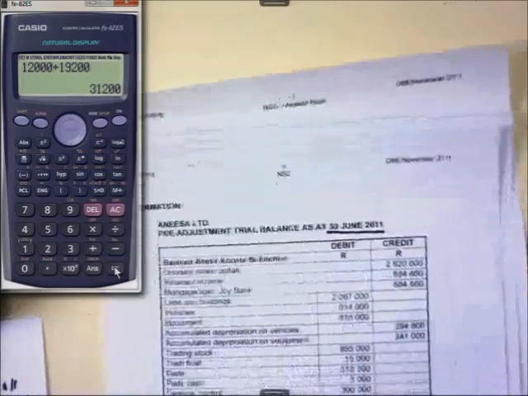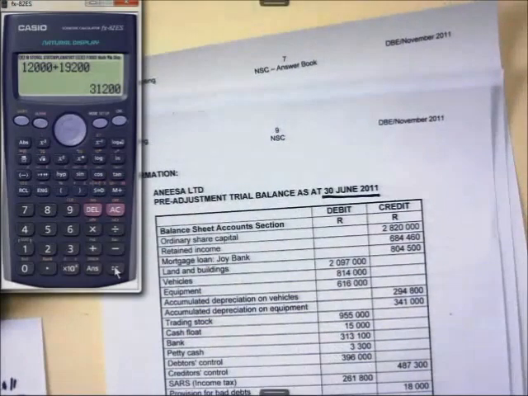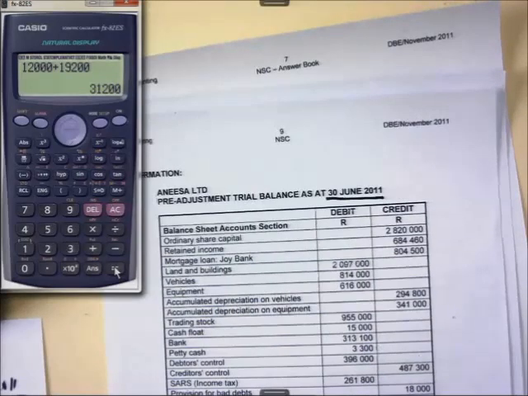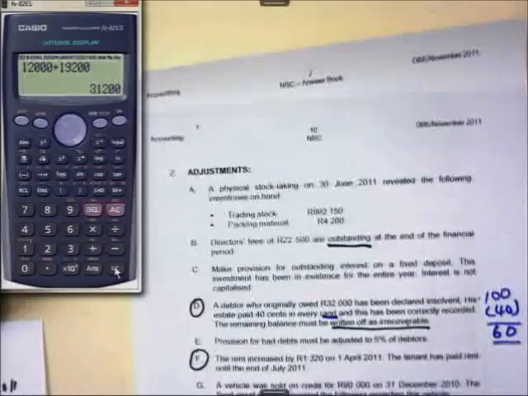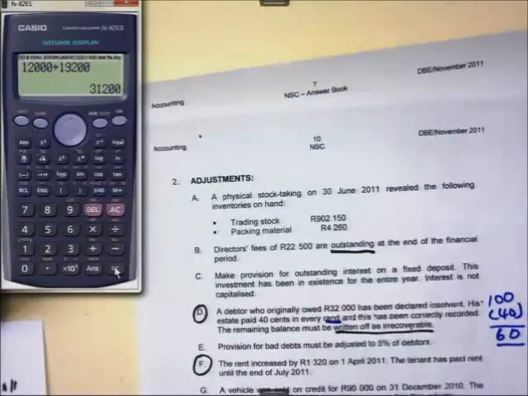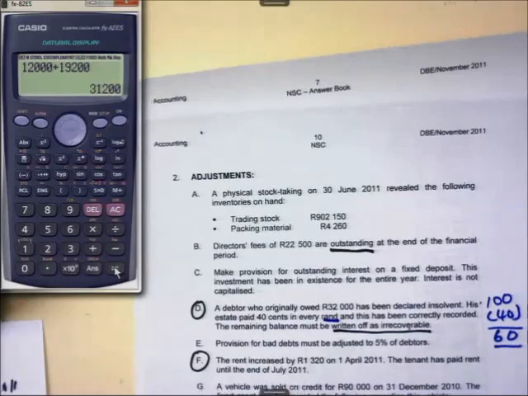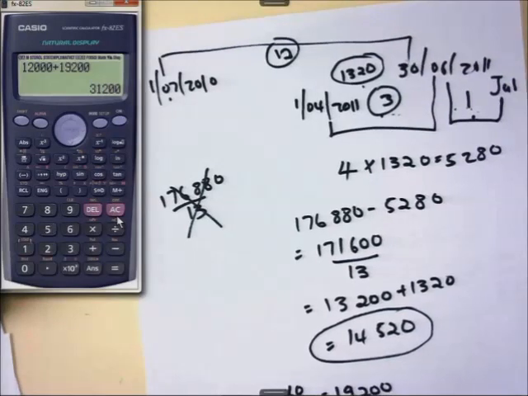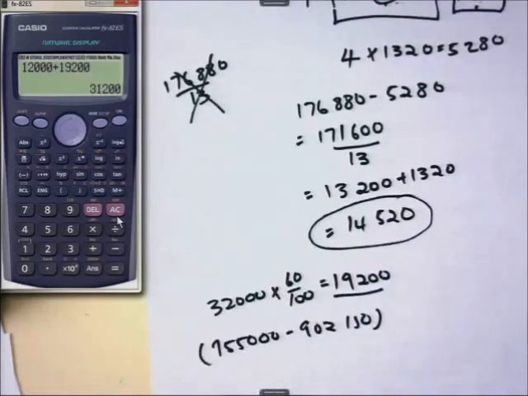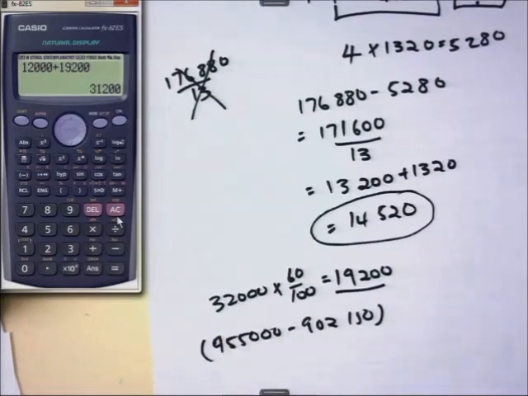If you check the information from the trial balance, according to our records, trading stock on hand is 955,000. According to our books the record is 955,000, but the physical counting of stock revealed that it is 902,150. So it means there is a shortfall, a deficit. You take the amount from the trial balance minus the amount from the adjustment.